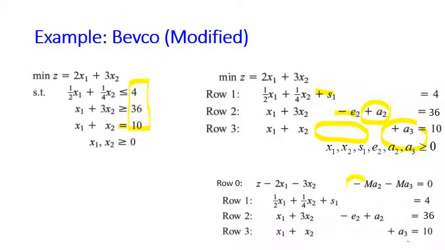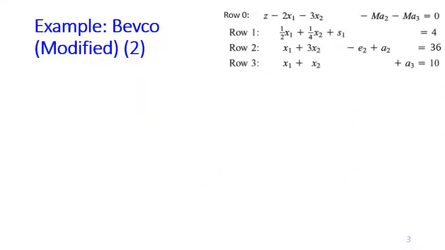Notice that the signs here become negative because this is the row 0 form, which means that we put all the variables into the left-hand side. If these are all in the left-hand side, the sign of the penalty would be plus M times A2 plus M times A3. Again, this is minus because we put this in the row 0 form, so everything is on the left-hand side. So this is the model that we've got so far.